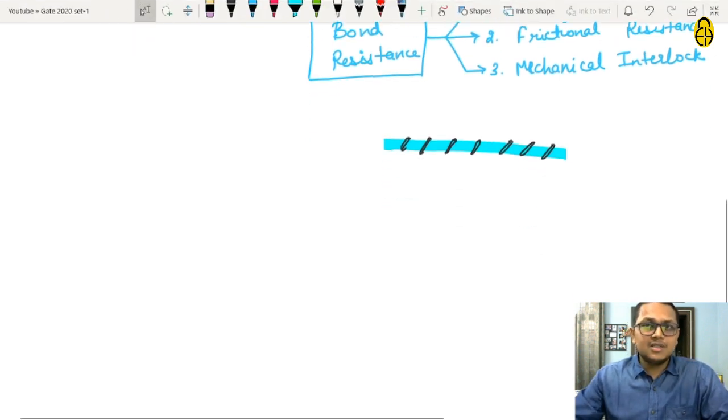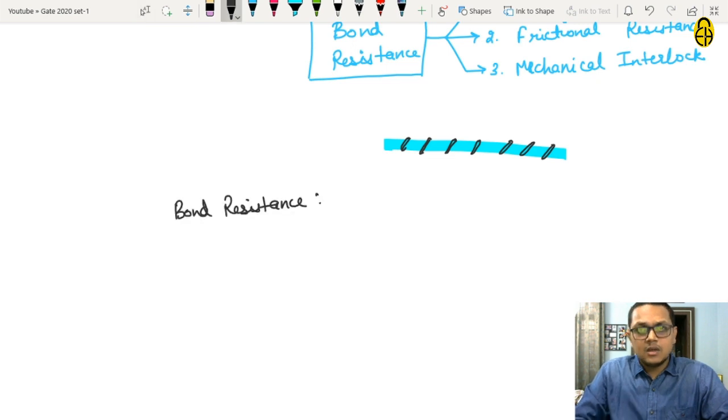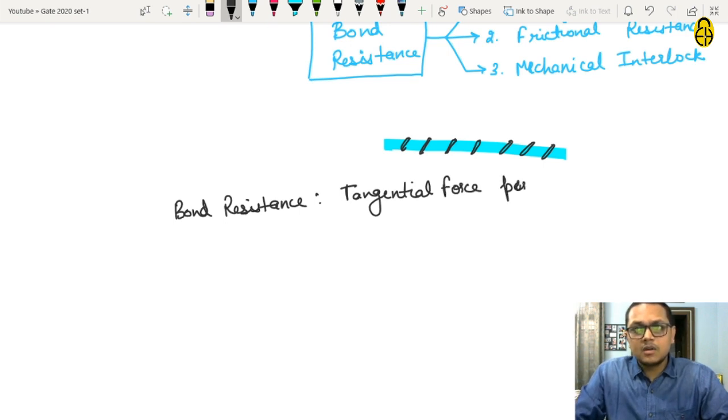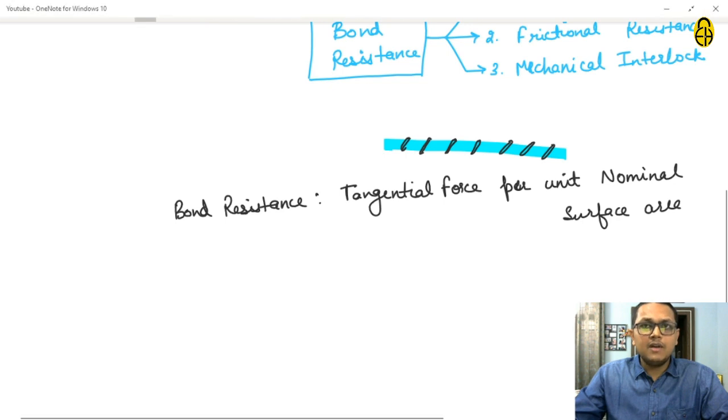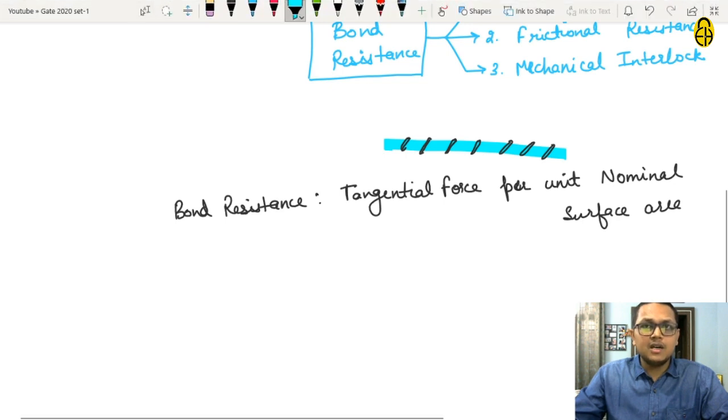Now this bond resistance is expressed as tangential force per unit nominal surface area. Why have I written nominal surface area?